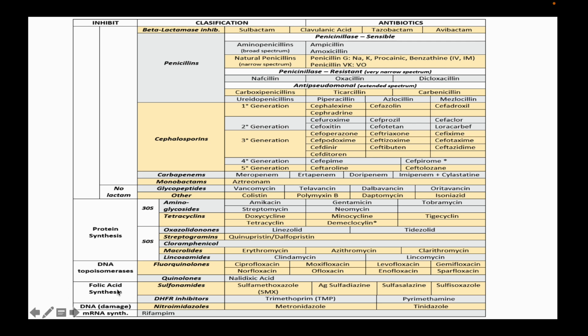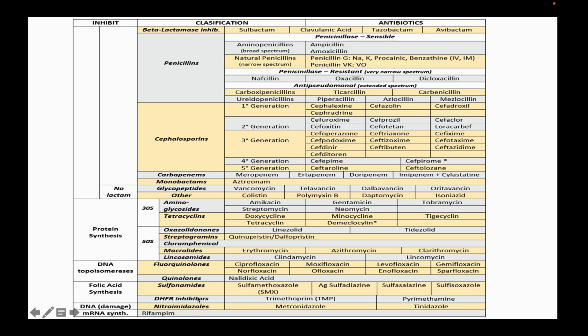Then we have folic acid synthesis. This is involved in the synthesis of folate, right? These are mainly sulfonamides and DHFR inhibitors. DHFR is a major enzyme, right? Dihydrofolate reductase is a major enzyme involved in the synthesis of folic acid.